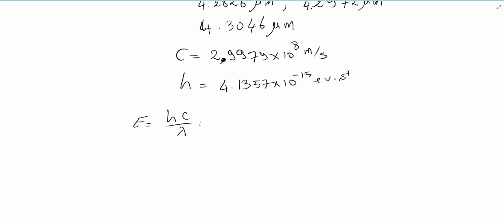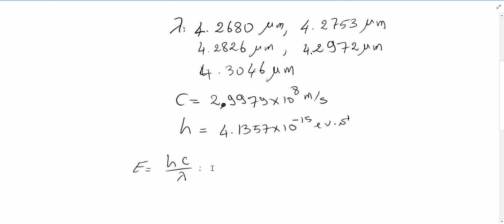So again, 4.1357 times 10 to the power negative 15, times the speed of light, 2.9979 times 10 to the power 8, divided by, open parentheses, the first wavelength, which is 4.2680 times 10 to the negative 6, close parentheses.